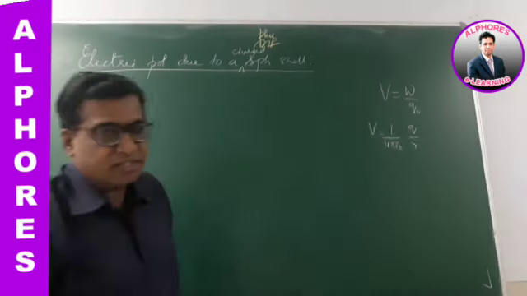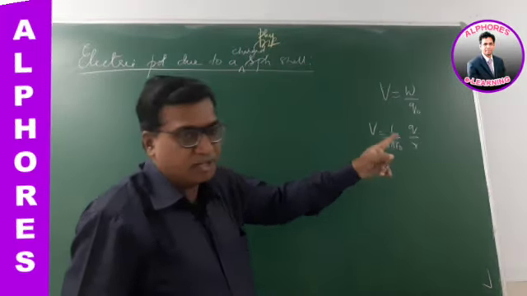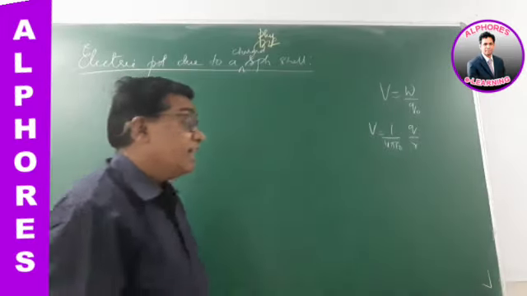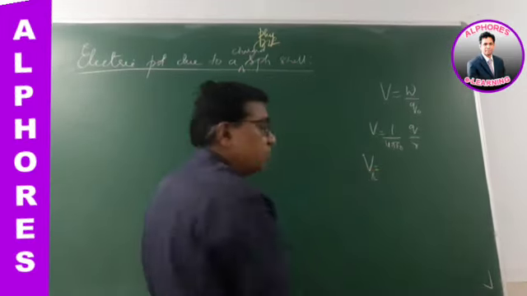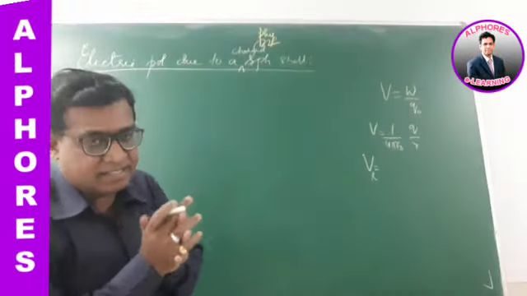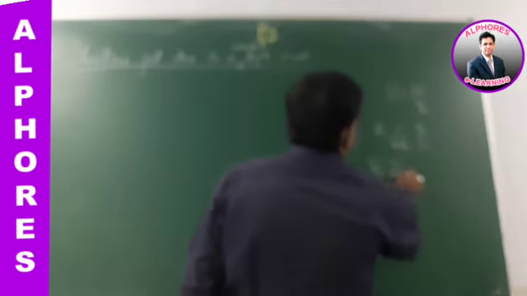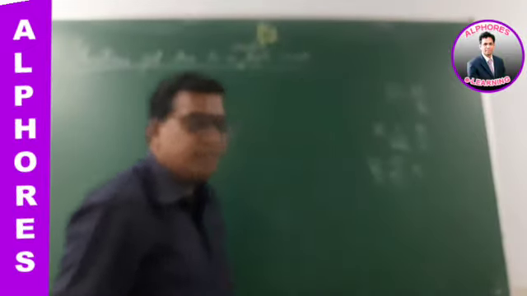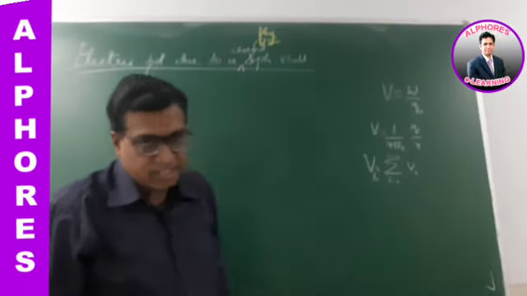For a point charge q at a distance r, the electric potential is 1 by 4 pi epsilon naught q by r. If there are many charges in the vicinity, the total potential is the algebraic sum of all the individual potentials due to the discrete charges, the sum of Vi from i equals 1 to n.